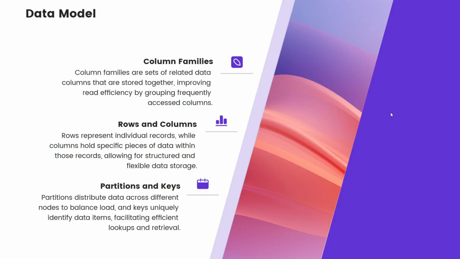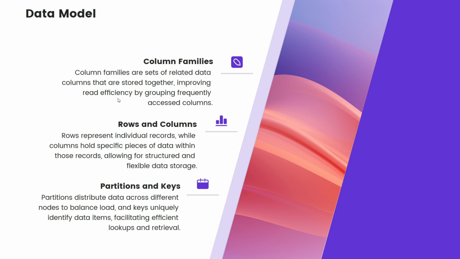Coming on to the data model, it has three main features. One is column families. In traditional databases we store columns in a table, right? Here, instead of storing data in individual tables, we store it in column families, which allows faster queries by grouping frequently accessed columns together.